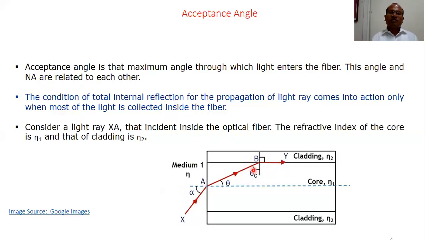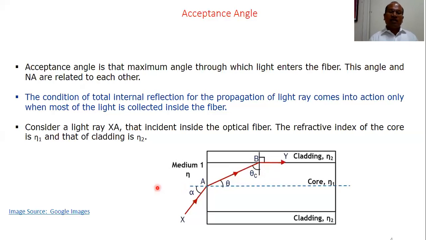Please understand, if we increase this angle, this particular angle will decrease. Why will it decrease? Because the ray will go towards this side, and therefore the angle of incidence requirement will not be met.